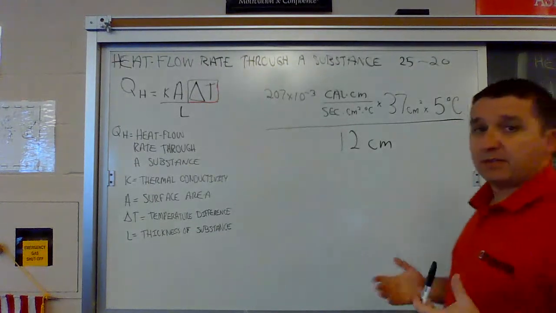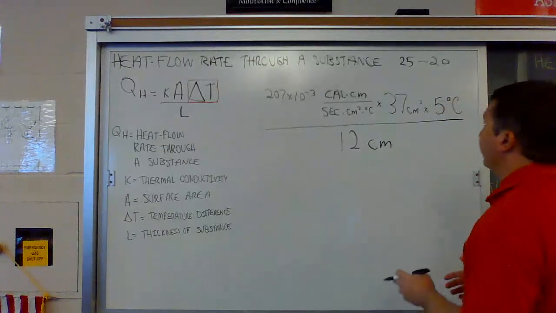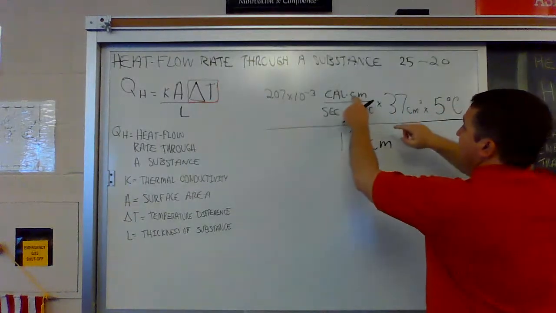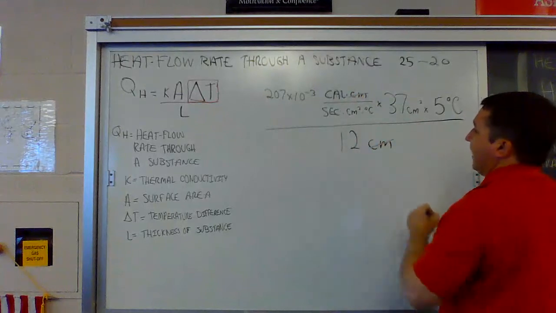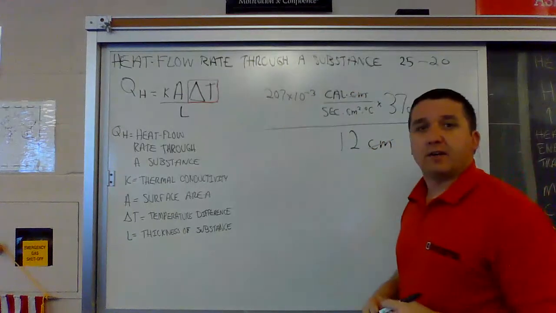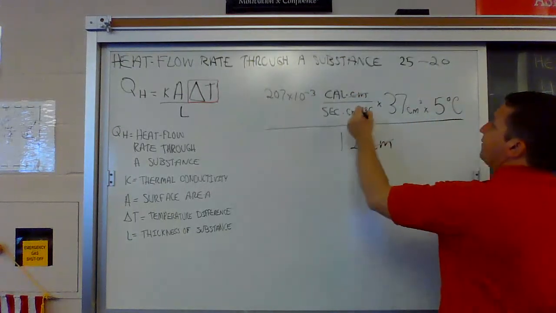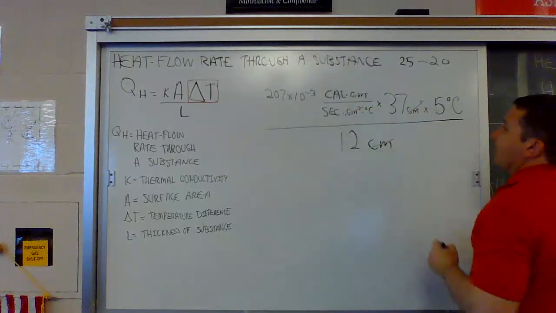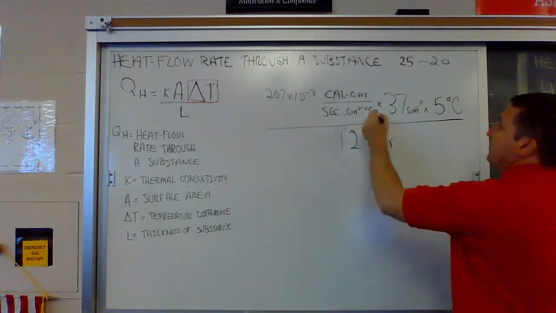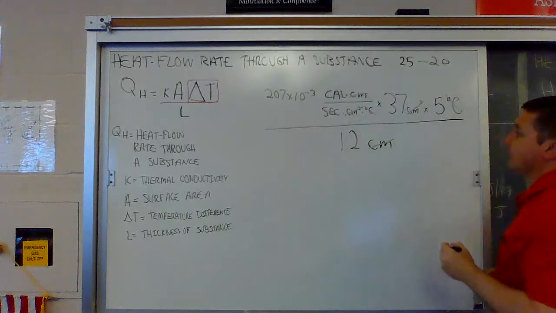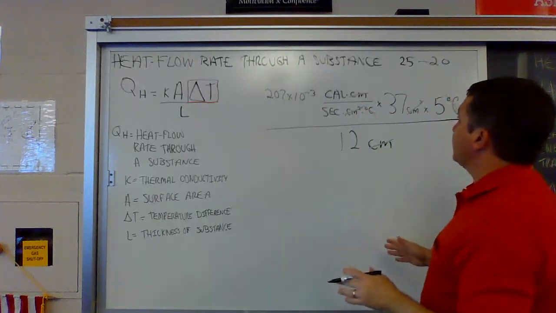So you look for the units that exist in a pair and you get rid of them. I've got centimeters here and here. They're out. They are the weakest link. Goodbye. Then you have centimeters squared here, and you have degrees Celsius. All right, so all those units are gone.